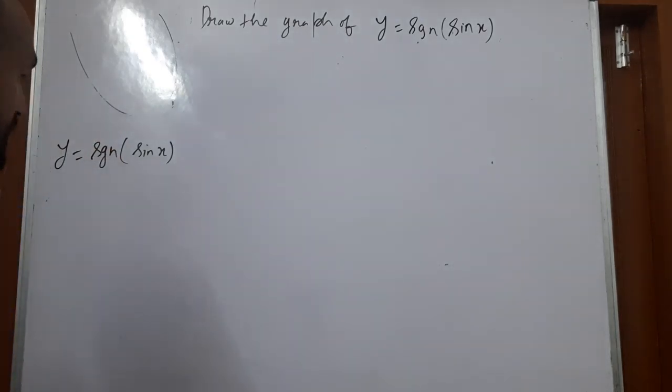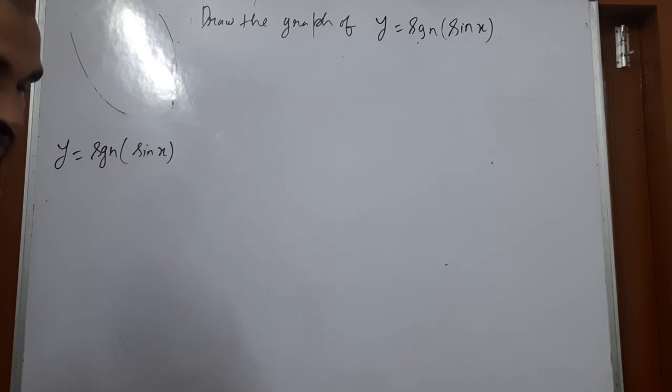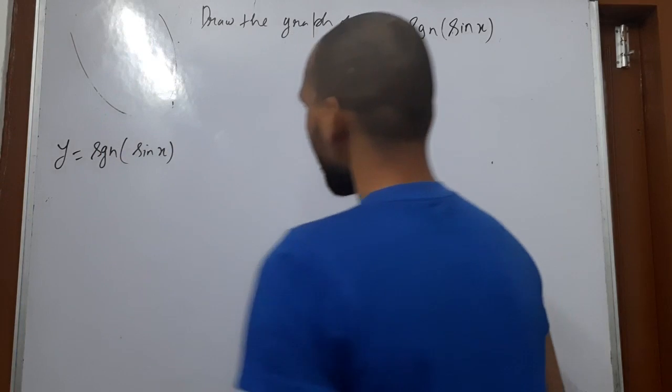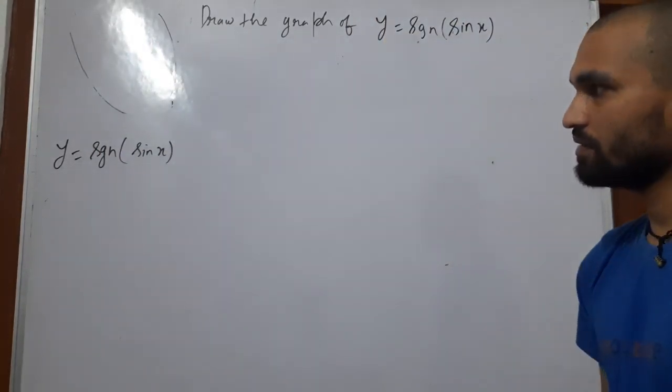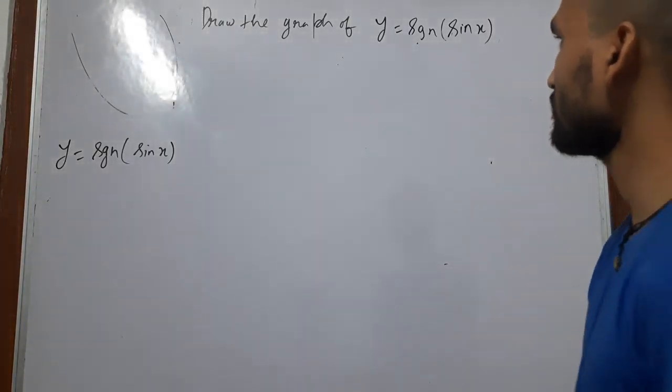Okay. Now we should decide when sin x is positive and when sin x is negative. So for easy understanding, we should draw the graph of sin x. After that, it will be very easy to decide when sin is negative, positive and 0.